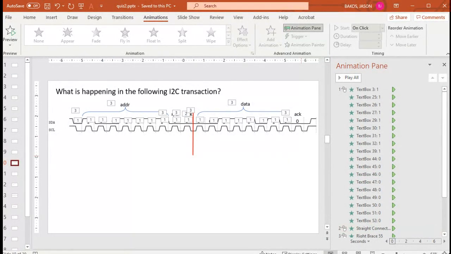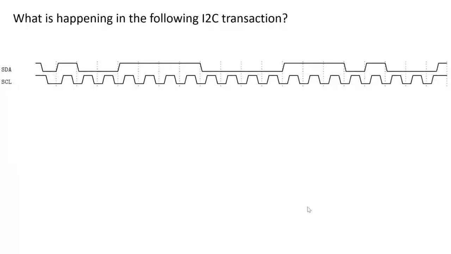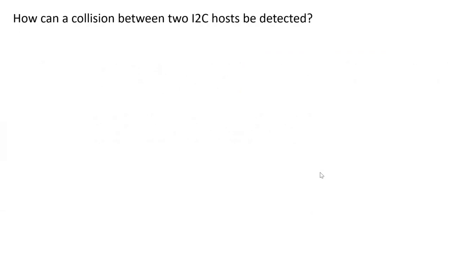You put an apostrophe after write. That's right. Yeah, you can think of I squared C as being kind of active low. So, read is 0, write is 1. Okay. So that one's kind of tricky to decode.